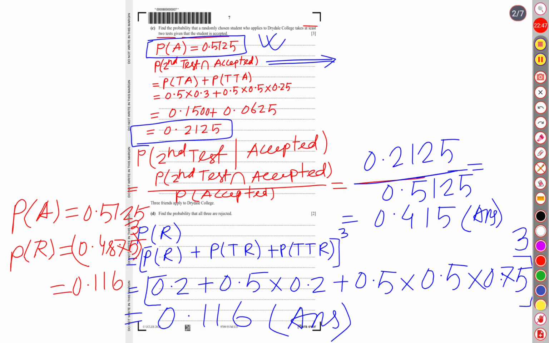For D, this is rejection. In rejection, it may happen in the first case or second test or third time. As there are three candidates, it will be cube. Remember, we are not doing addition. Don't get confused with multiplication. You cannot multiply by 3.